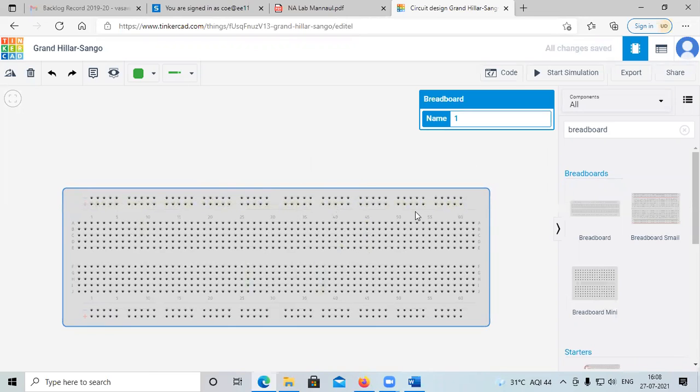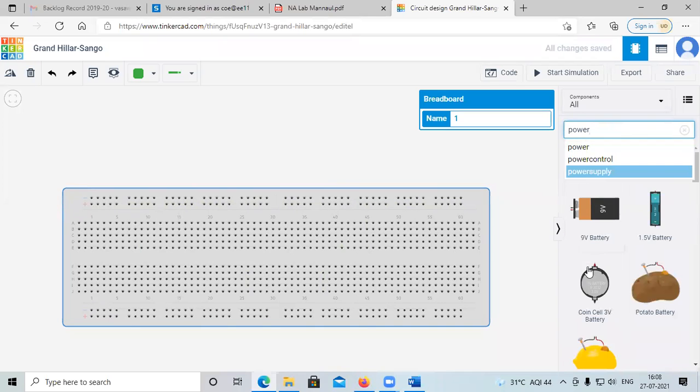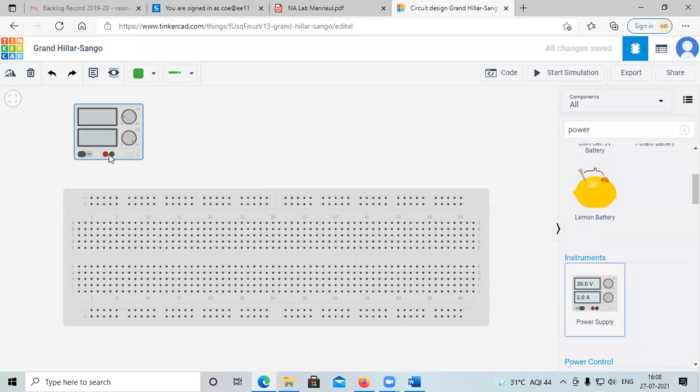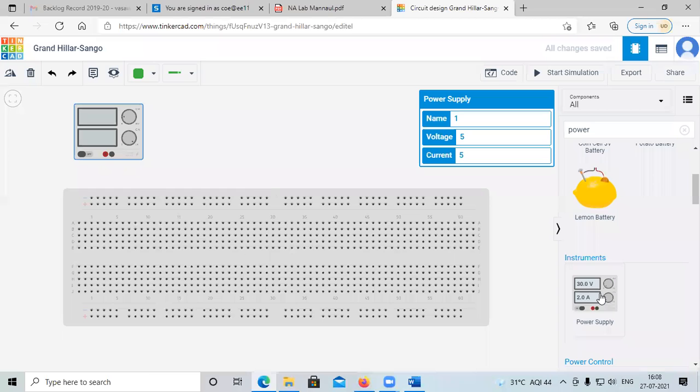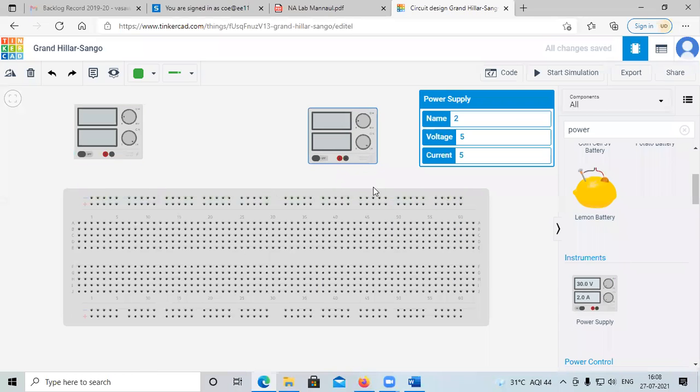Okay, so see here, the breadboard is taken. Now I require a voltage source, or it may be a power supply. So I will search power supply. Now see here, the power supply has come. So just click here and drag this power supply here. Again I require 2 power supplies, so I will again click here and drag it onto the circuit designing window.